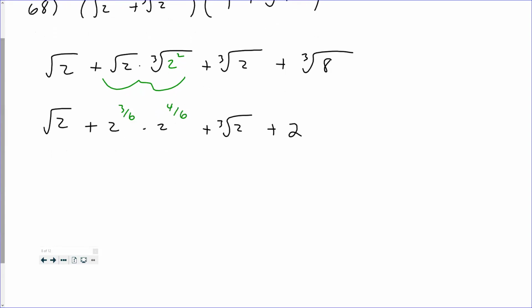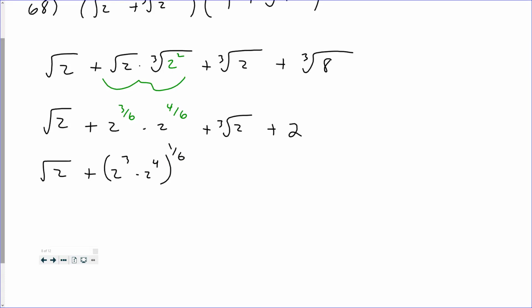I'm going to change them so they have the same denominator. So you can rewrite it as the square root of 2 plus this becomes 2 to the 3rd times 2 to the 4th, to the 1/6.